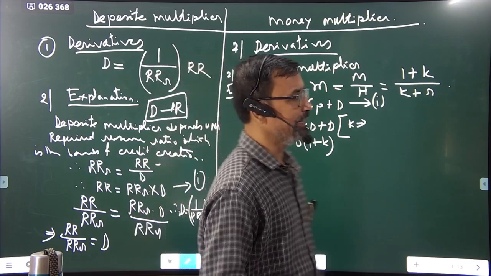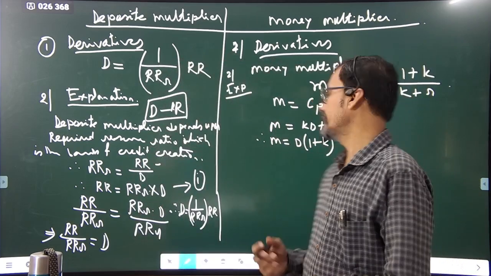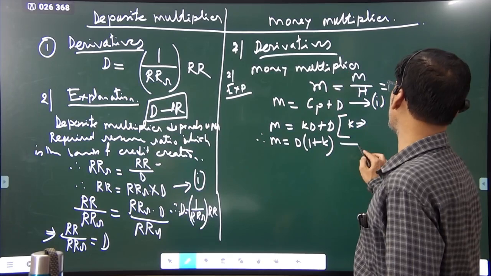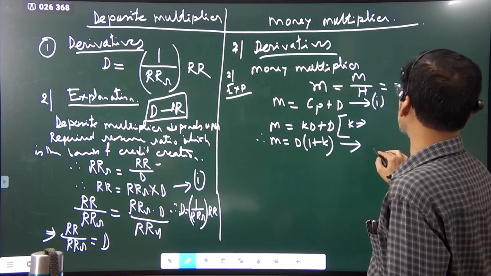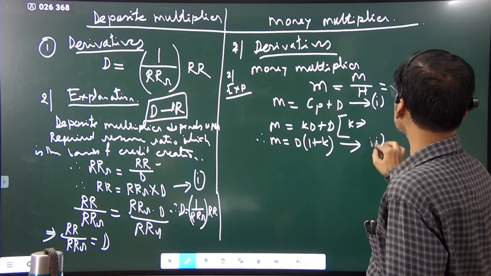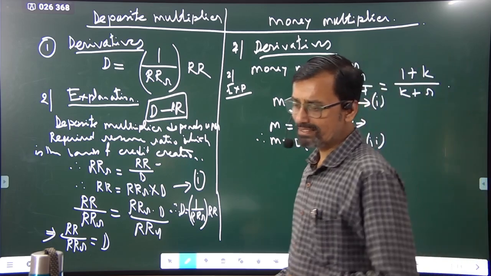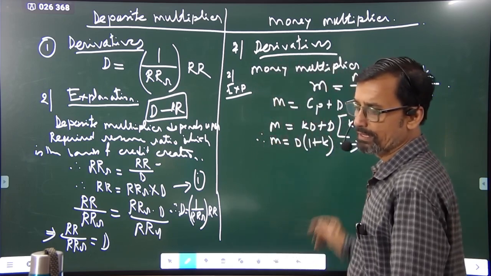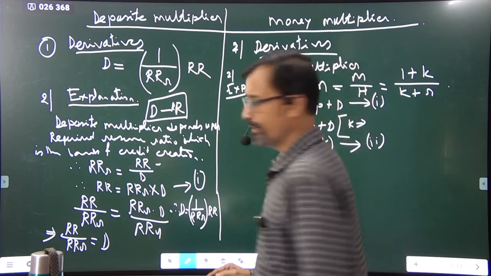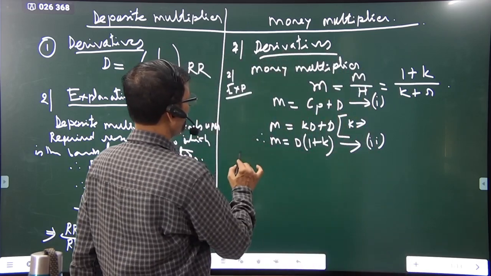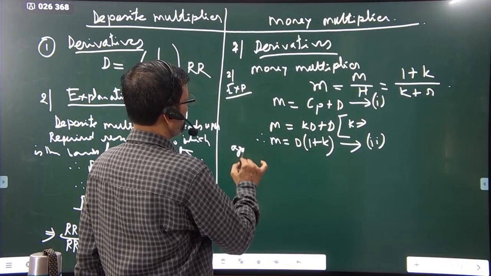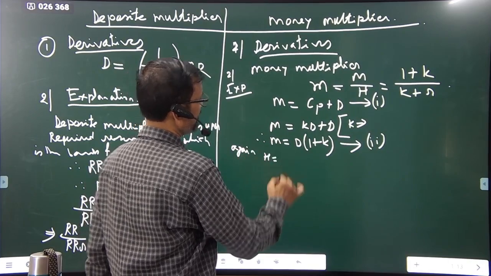So ultimately, the supply of money is this expression, number 2. Similarly, high power money. What is high power money?